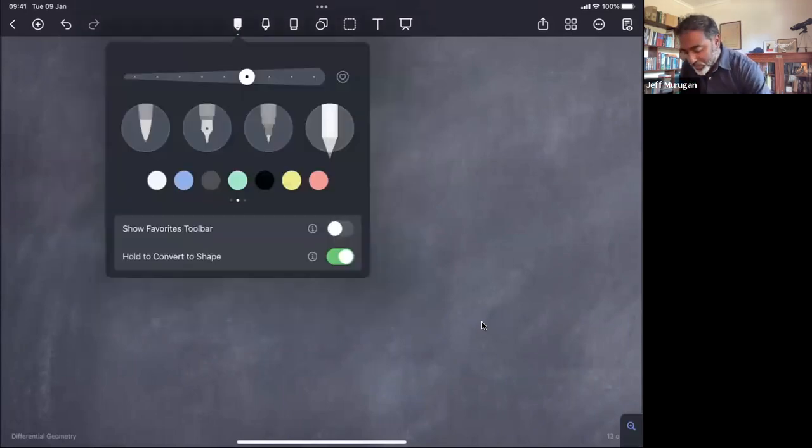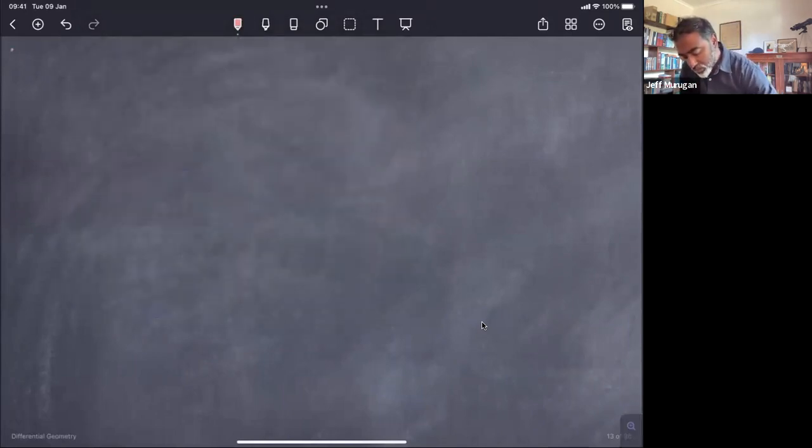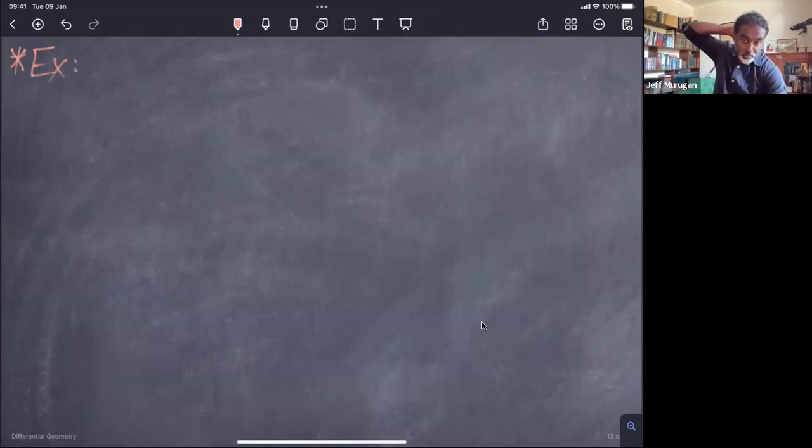As an exercise, I will leave it to you to write out the components of G mu nu explicitly in terms of the components of G mu nu prime. And to make your life easy, let's just say for a two-dimensional space where the indices mu and nu run 1, 2.